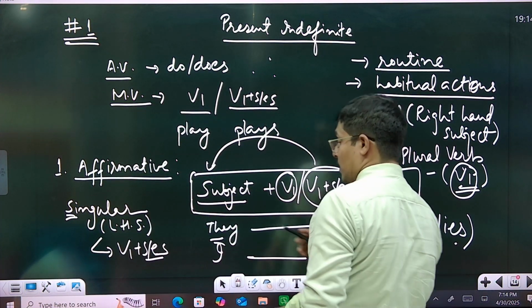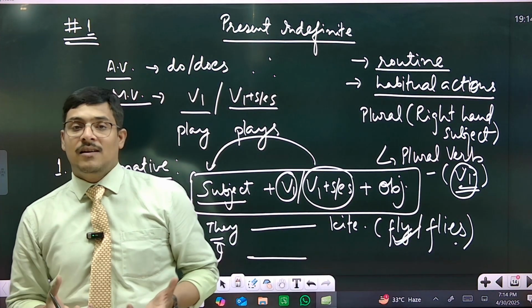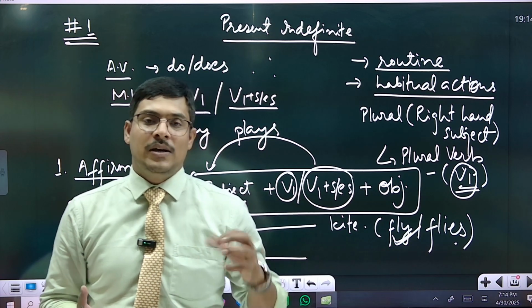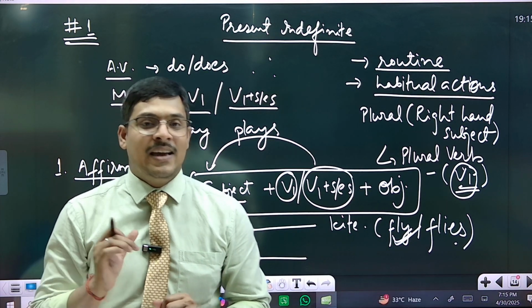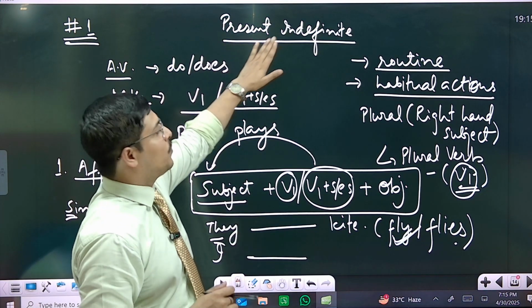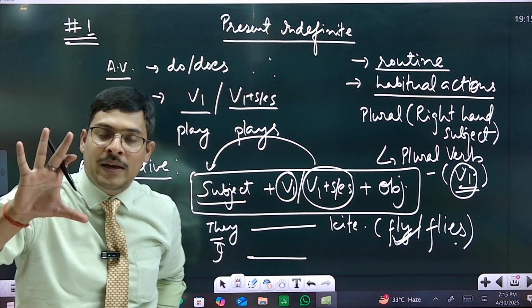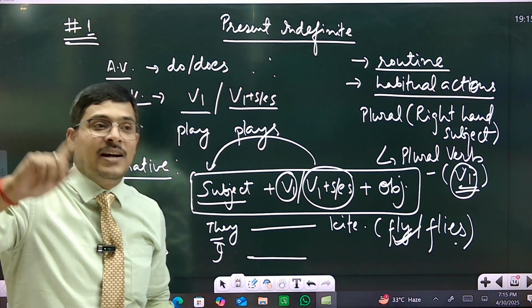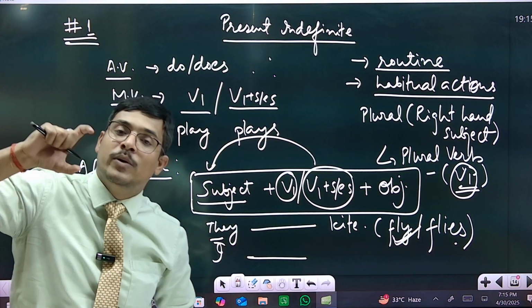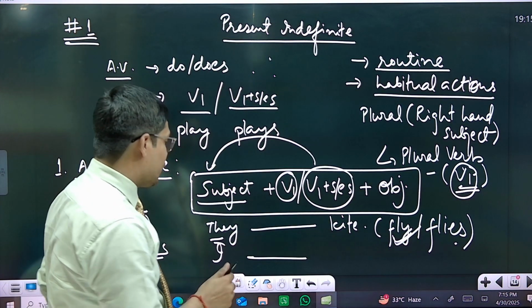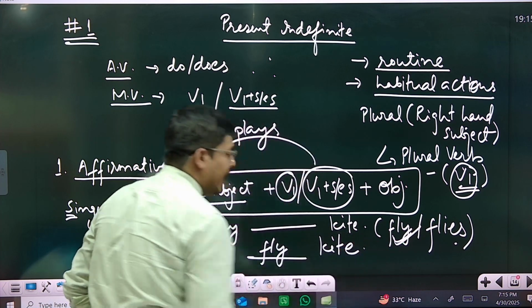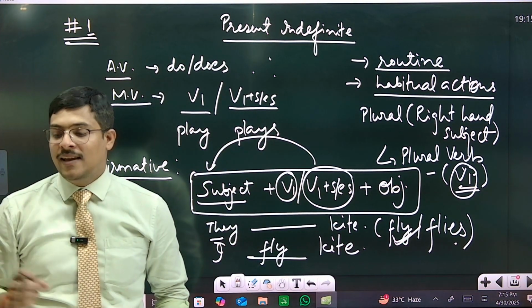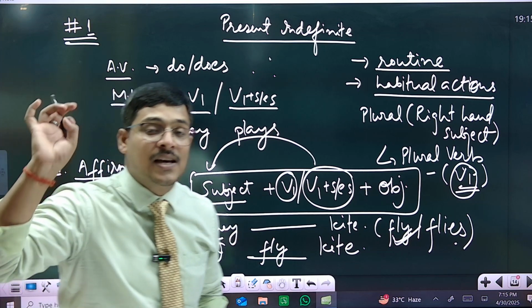You might be wondering, I is singular. Why are we assuming it to be plural? I is exceptional, especially in the case of present indefinite, we assume it to be plural. Similarly, in the case of present perfect, we'll be assuming it to be plural. Fine. I fly kite. We fly kite. They fly kite. Those boys fly kite.